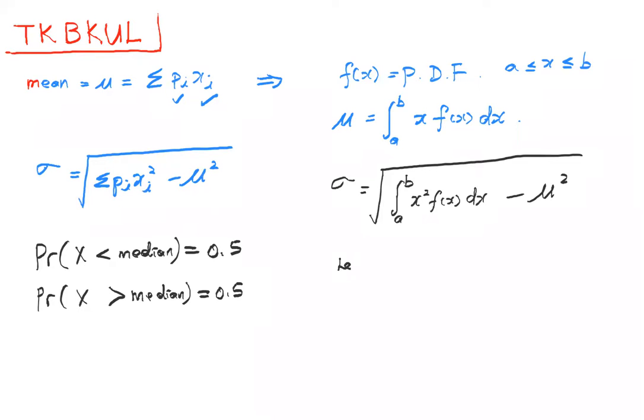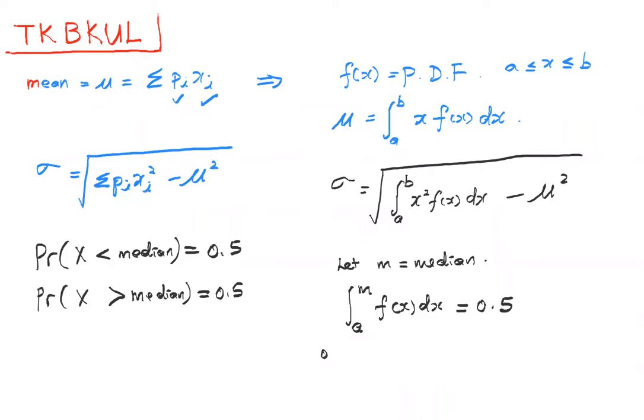Let m be the median. Which means that if I integrate the probability density function from the lowest value of x until the median, I must get 0.5. Am I right?